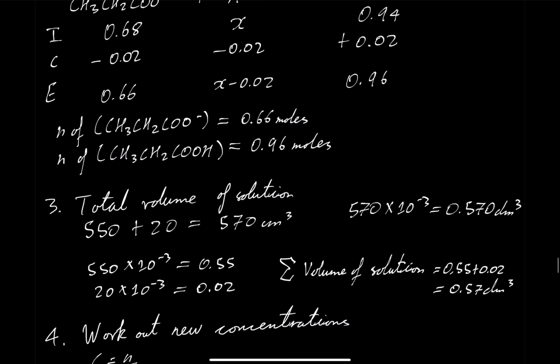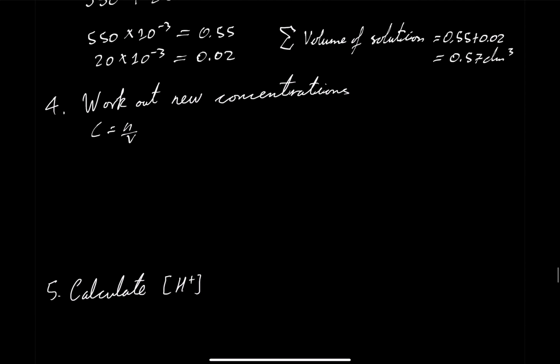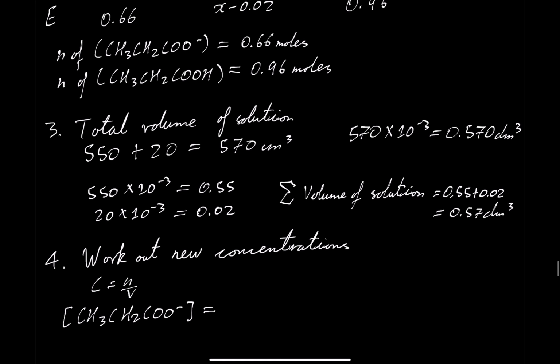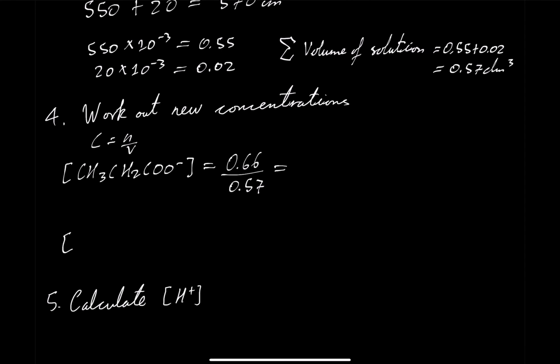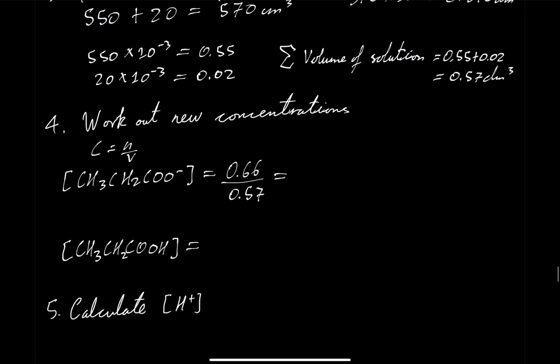So the concentration of propanoate ions, CH3CH2COO minus, is equal to 0.66 over 0.57, and the concentration of propanoic acid, CH3CH2COOH, is equal to 0.96 over 0.57.